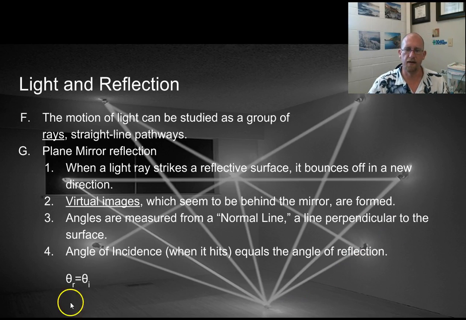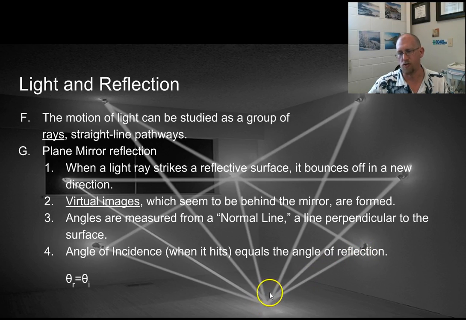So we'll say that theta reflection equals theta incident, that the light coming in strikes the mirror at the same angle to the normal as the light leaving. So look at this background. Here's a light ray coming in, and it strikes a reflective surface and it goes off this way.